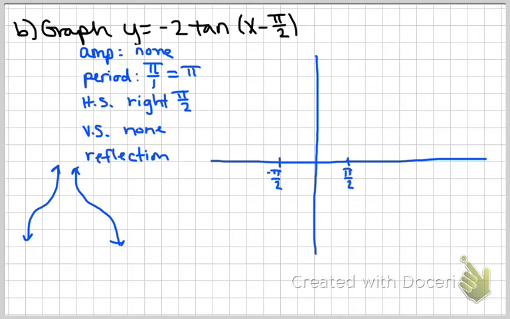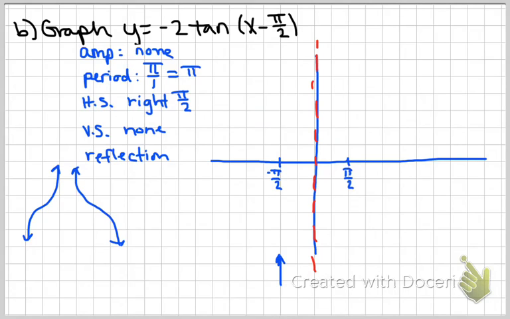But because this is getting shifted to the right, that first initial one that would have been right here at negative pi over 2, if I add pi over 2, now goes over to 0, because negative pi over 2 plus pi over 2 gives me 0. So I'm just going to put my first asymptote there.